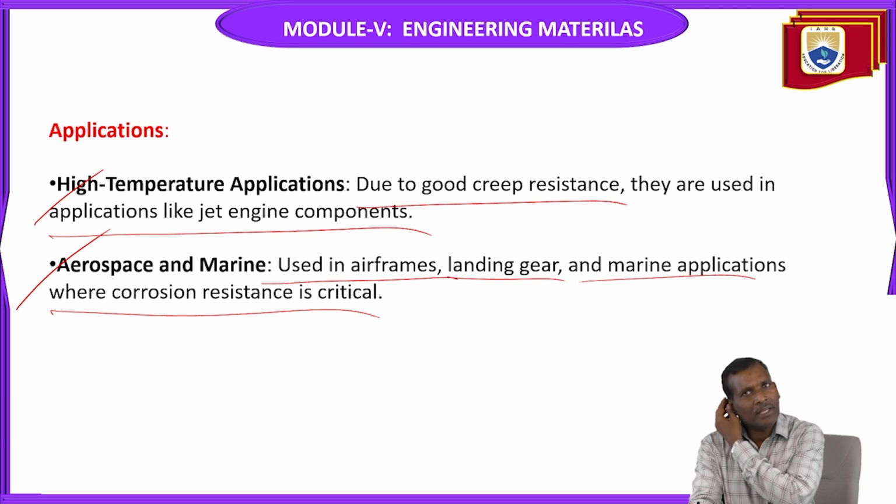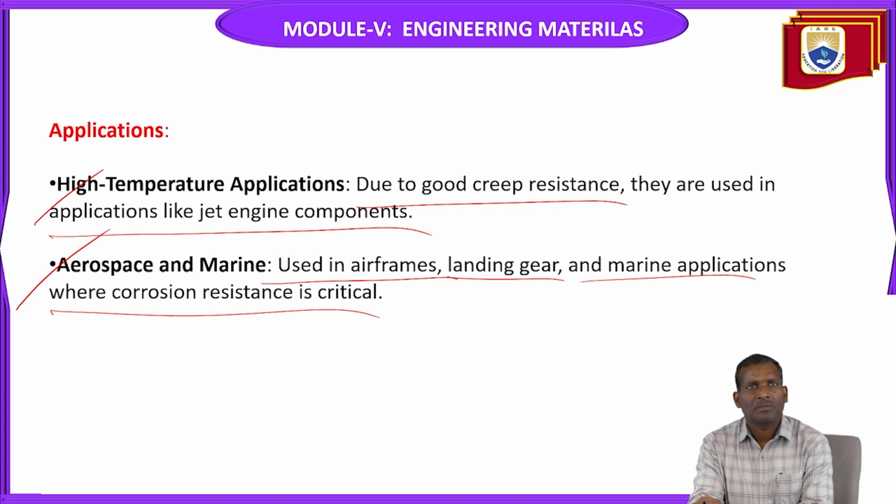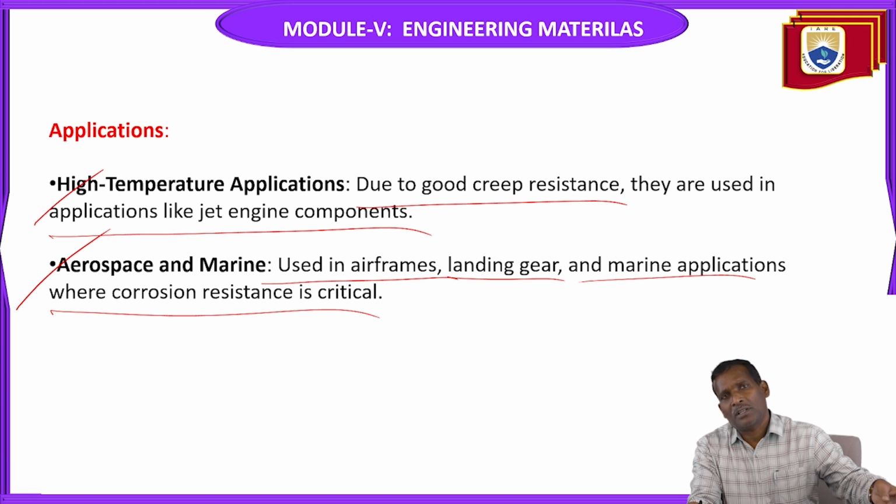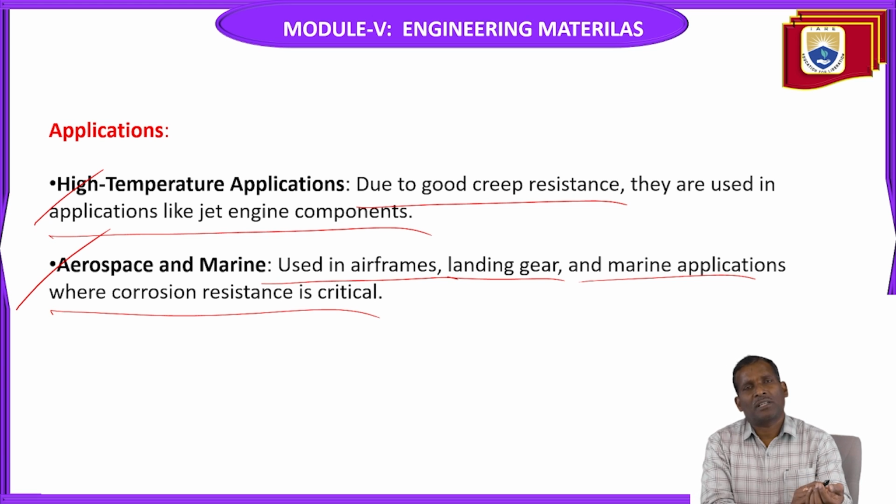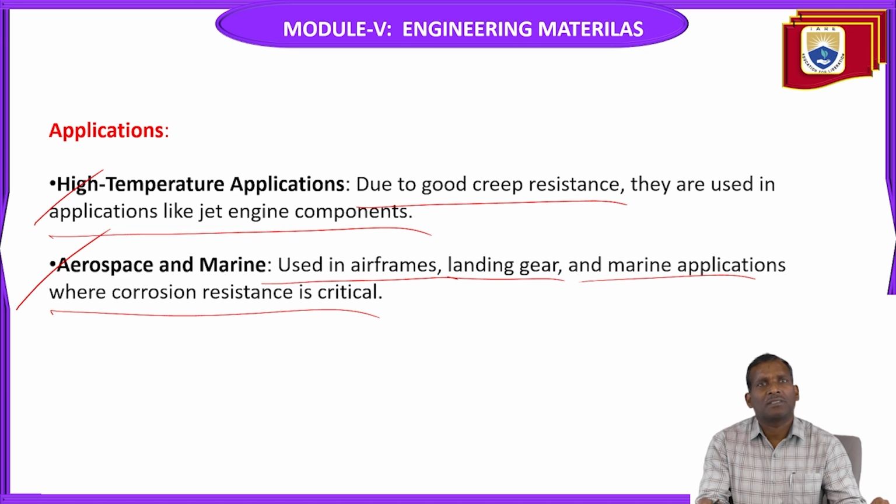In aerospace, landing gear components and engine components like airframes. In marine applications, corrosion resistance is very essential. Why? Because the components are frequently subjected to different environments and seawater conditions.